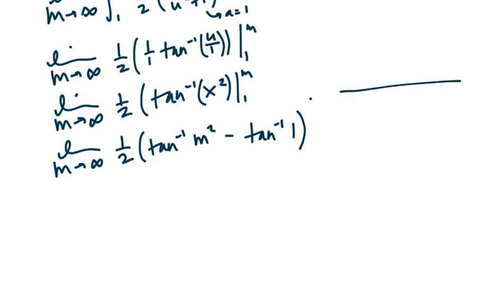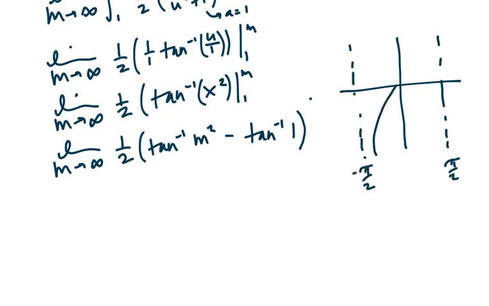Now think about your tangent. Inverse tangent says what angle gives me this tangent value. So here we have negative pi over 2 to pi over 2, and tangent looks like this. So as I approach infinity, I get pi over 2.